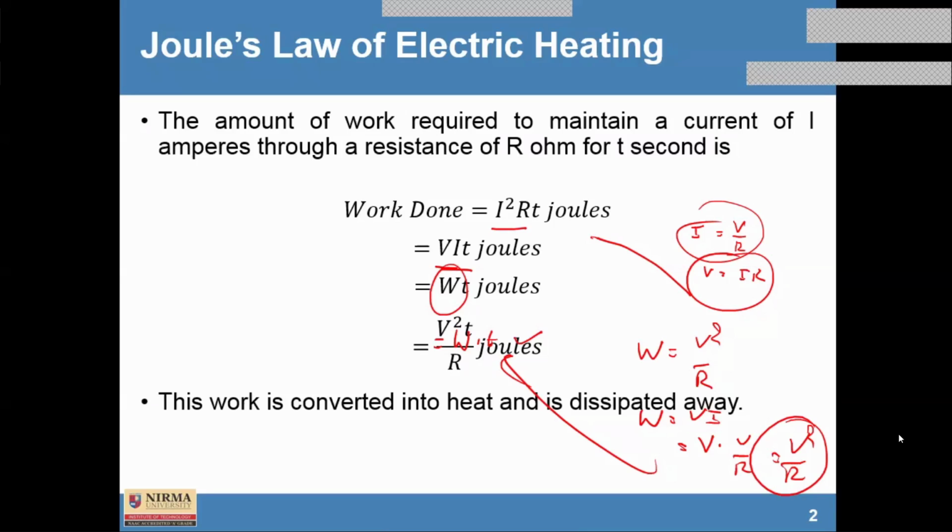So this work has been converted into heat, because when the current flows, power is consumed, and there is heat production. If you look at the electrical appliances, they will be heated. And this heat is to be considered as work done.